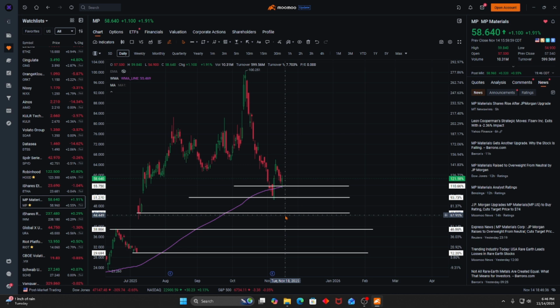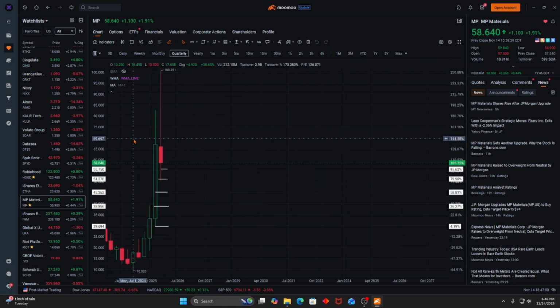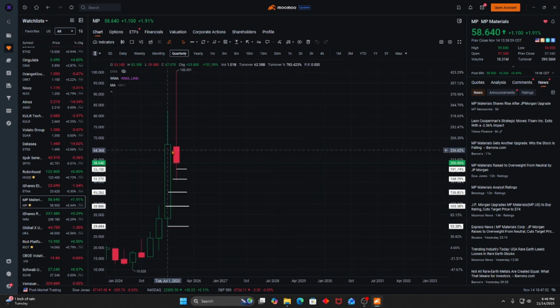There are exceptions, but anything else outside of those well-established companies, MP here, for example, it's no Nvidia, it's no Palantir, right? But if it keeps going down lower, you're getting hella discounts. And assuming the company's doing well financially on the revenues, and it keeps climbing over the long term on the quarterly, it is literally trending on the quarterly.